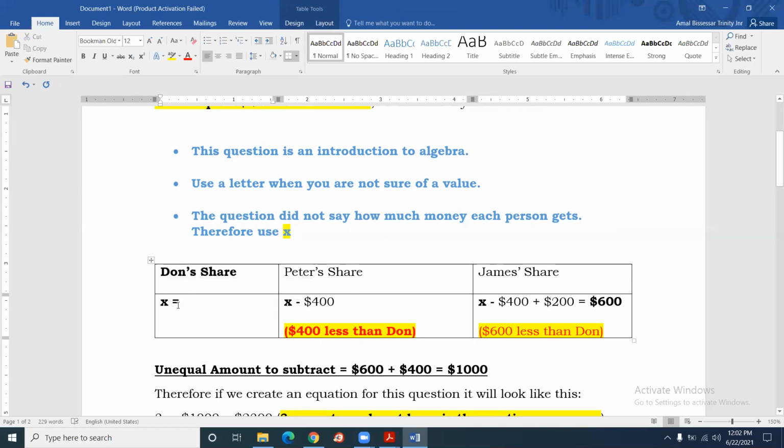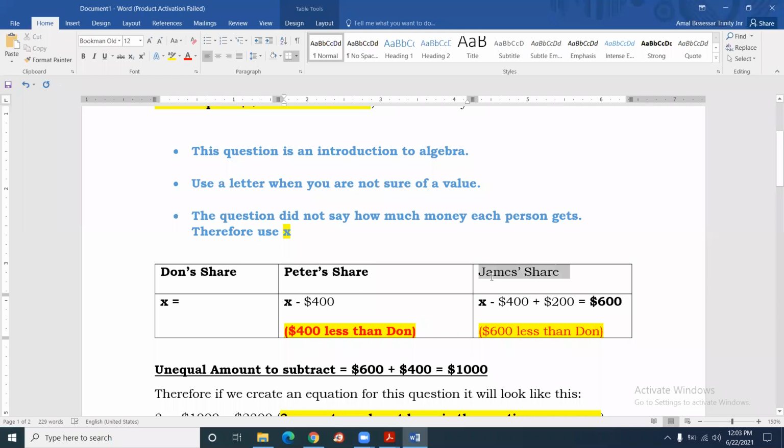So I'm going to put X. What is Peter's share? I don't know. So I'm also putting an X. But I know something. I know that Peter is $400 less than Don. So when I figure out Don, whenever I find out Don, I have to minus 400.